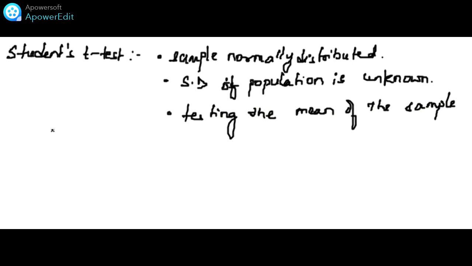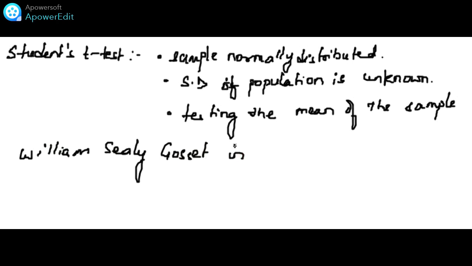Okay, so a scientist named W.S. Gossett, the full form is William Sealy Gossett, created the Student's t-test and Student's t distribution in 1908. I'm just telling you some theory about Gossett.